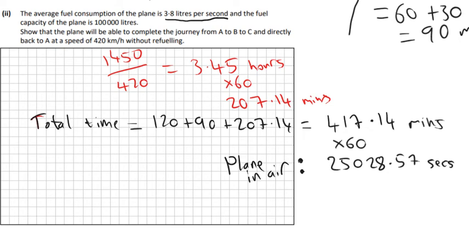So that's how long the plane is going to be in the air for altogether, and it's going to use 3.8 litres for every one of those seconds. So therefore, to get how many litres the plane will use altogether, we're going to times it by 3.8, and this will give us then the fuel used, or fuel required for the trip. So if you multiply those two together, you get 95609.